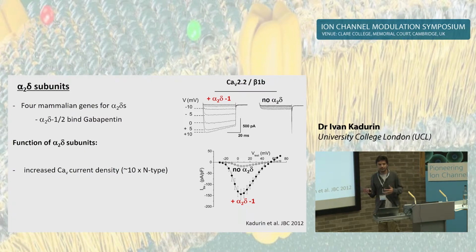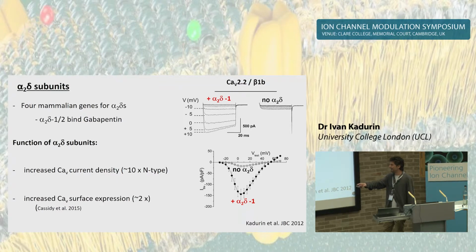This can be due to more channel protein expressed at the cell surface, or to some changes in open probability. This is somewhat controversial, but it is well known that it is partially due to increased surface expression.